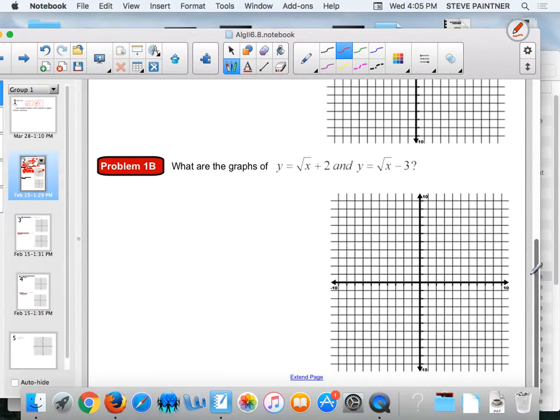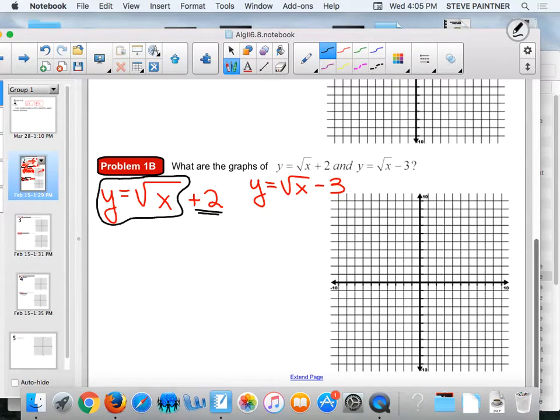All right, next functions. They are y equals the square root of x plus 2. And then the other one is y equals the square root of x minus 3. Okay. Again, this is the parent right here.